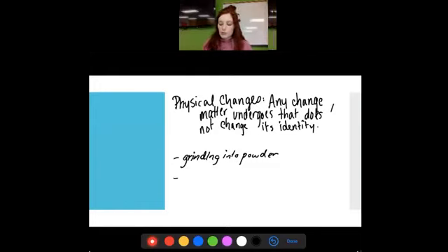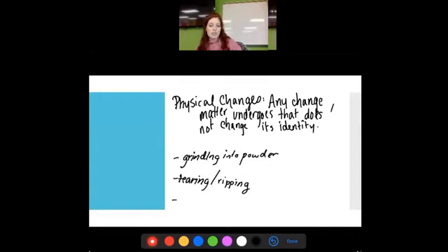Another physical change would be tearing or ripping. Another physical change would be basically any phase change that you can undergo. So an ice cube melting, that would be a physical change because ice is solid water and it melts into liquid water.